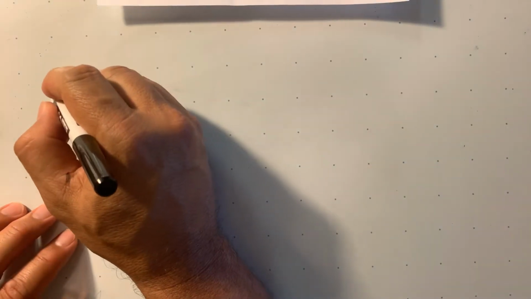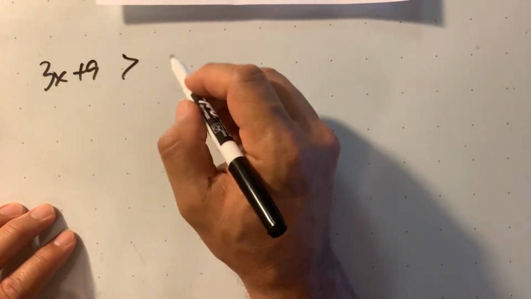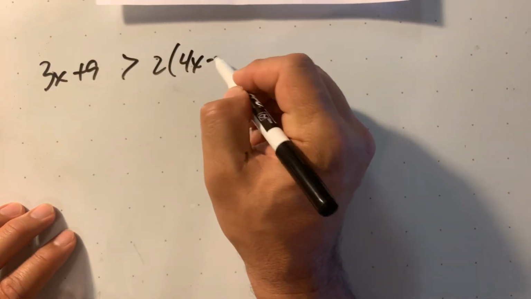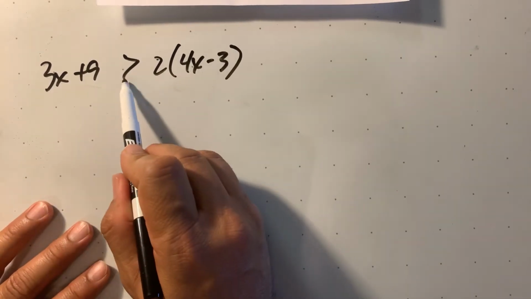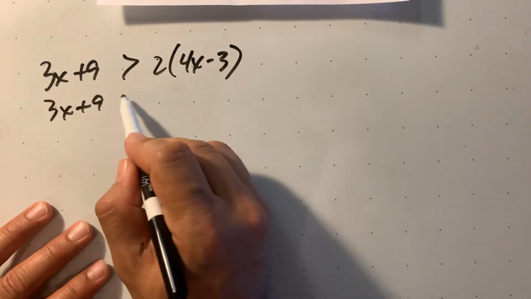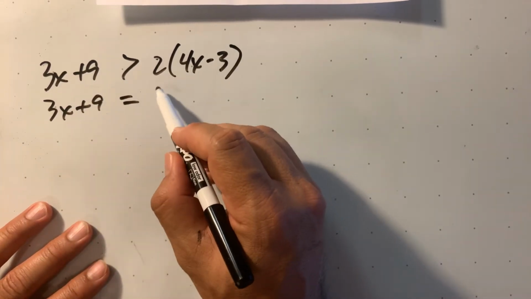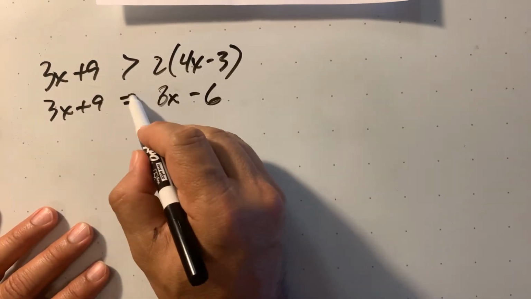So 3x plus 9 is greater than 2 times 4x minus 3. I'm just going to solve this as if this inequality was an equal sign. So 3x plus 9 is equal to 8x minus 6, and I'm going to find the locator point.